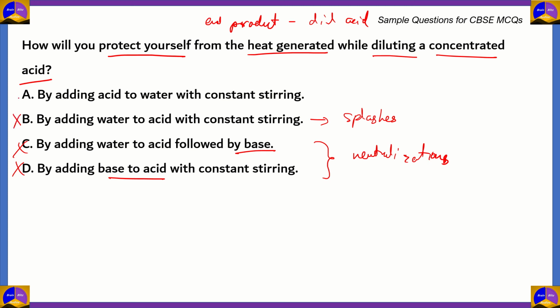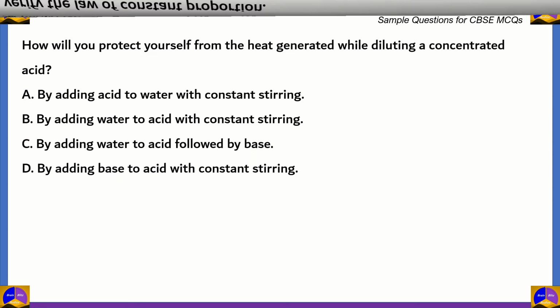So option B is incorrect. The correct option here is option A. You should always add the concentrated acid to water, and you should do that with constant stirring in order to protect yourself from the heat generated by diluting a concentrated acid. So option A is the correct option.